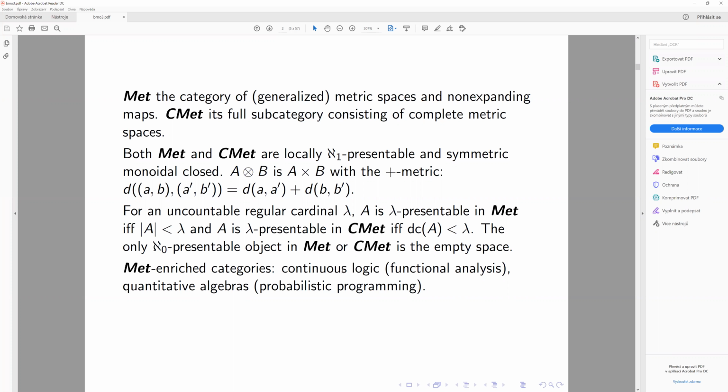So there are also some other motivations for looking at these metric enriched categories, both in computer science and in analysis. And one prominent enriched category is Banach spaces, again with non-expanding maps, so linear maps of norm at most one. So these are the categories I will need.